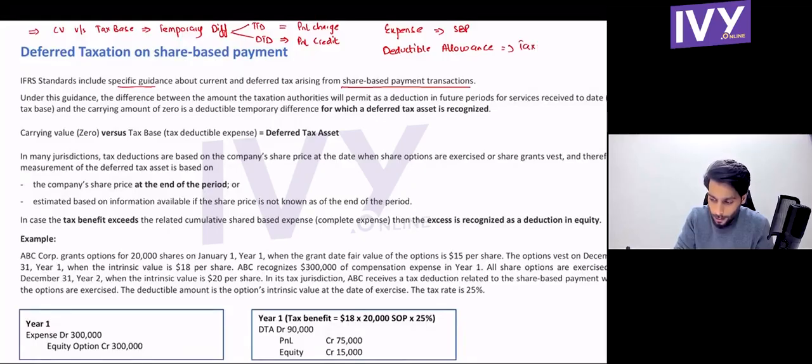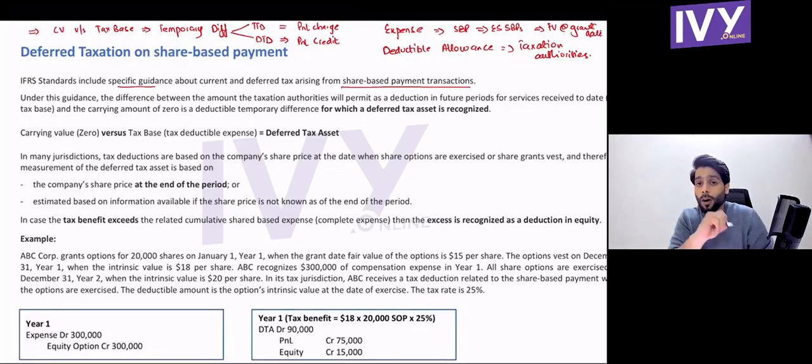It is often seen that the amount of share-based payment expense that we recognize in our financial statements differs from the deductible allowance that taxation authorities allow. For example, in the case of equity settled share-based payments, we use fair value at grant date to recognize expenses.